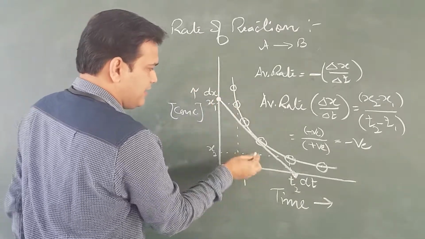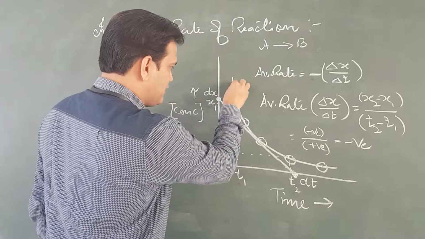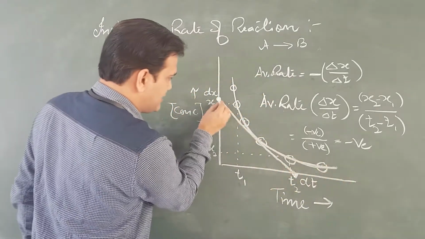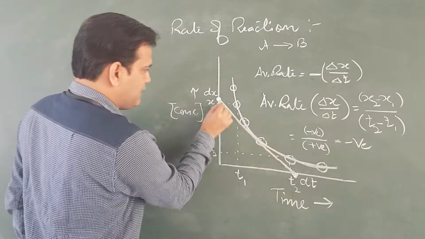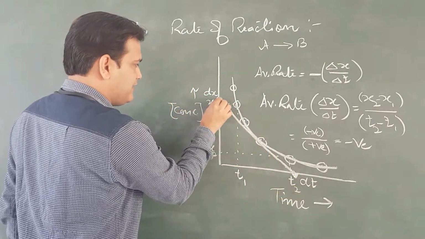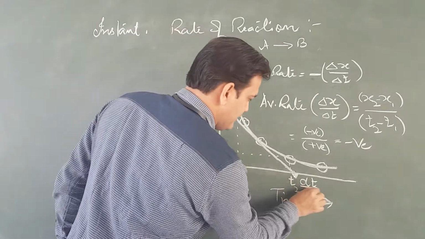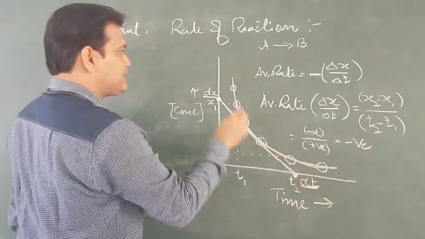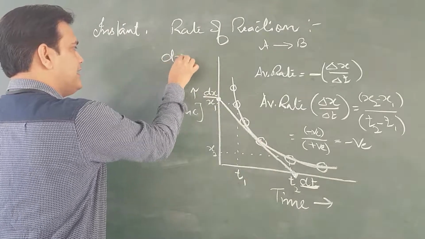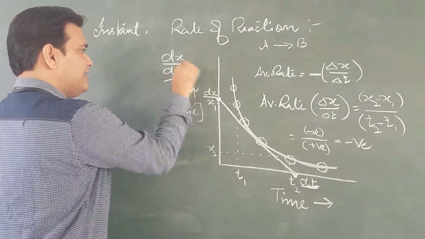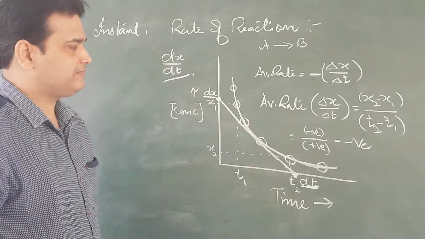This is the curve and this is the slope of the curve at the point, representing dx and dt. This dx by dt is called the instantaneous rate of reaction.